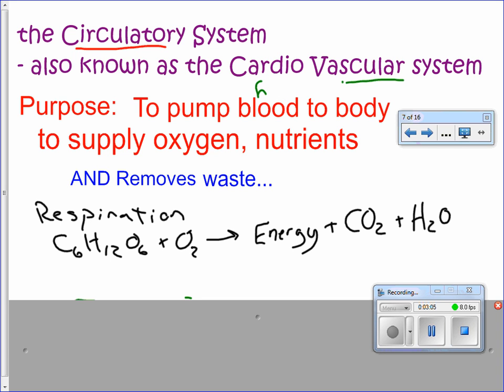So, it's the heart and the blood vessels. You remember when we talked about plants? We talked about vascular and non-vascular plants. Vascular tissue is a system of tubes to move materials. So, cardiovascular system, the heart and blood vessels. Questions about this?